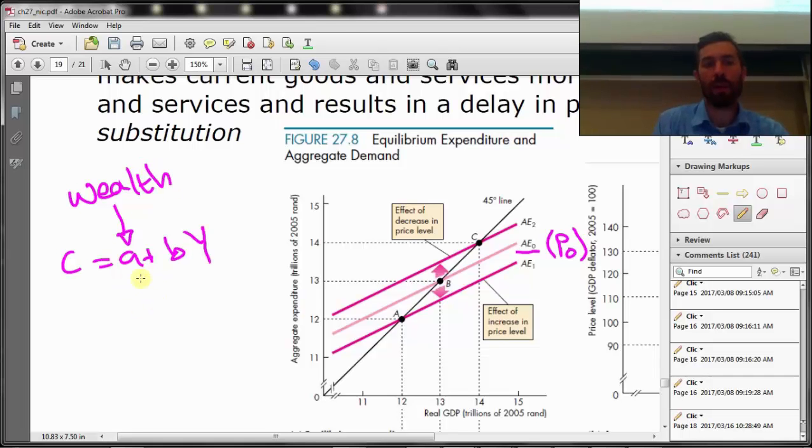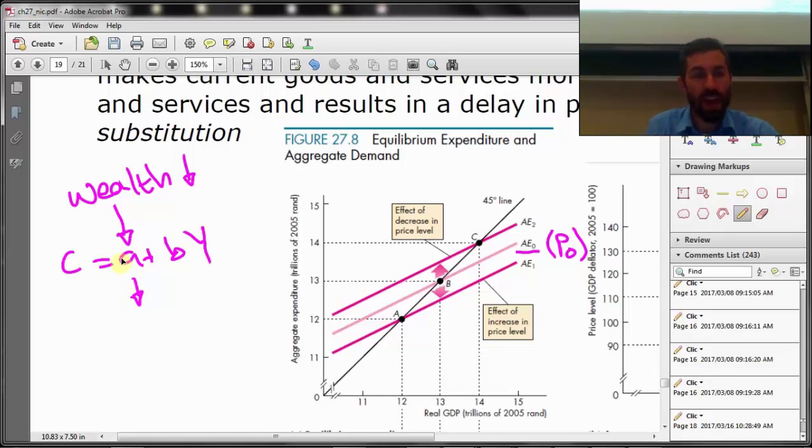In other words, the amount that we consume independent of our current income is based on our wealth. If the price level goes up and the real value of our wealth goes down, what happens to our autonomous consumption? The model suggests that our autonomous consumption goes down as well.